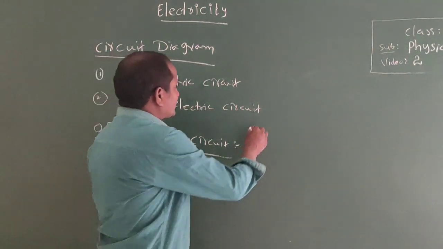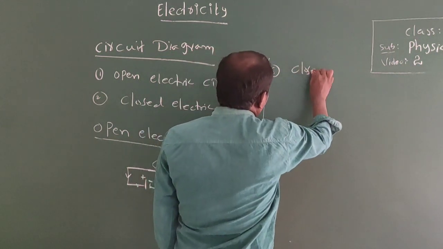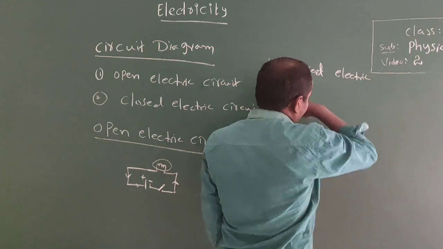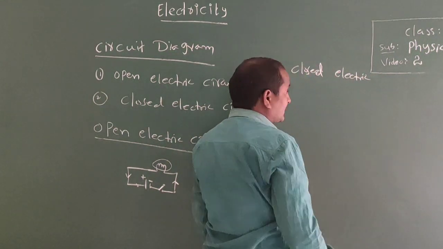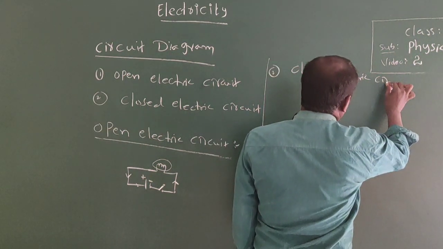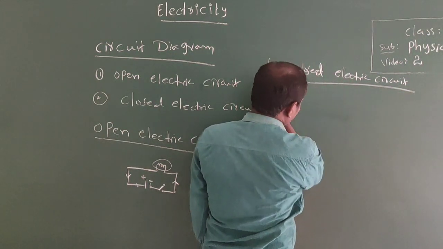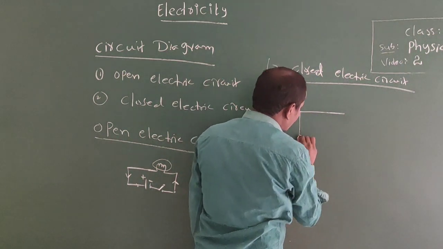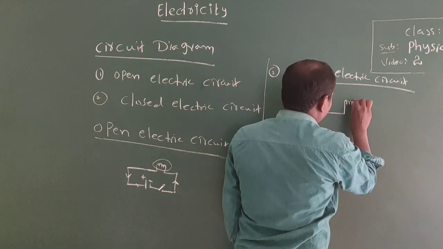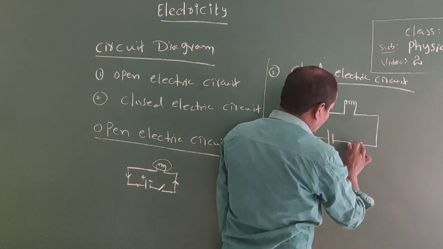Now, closed electric circuit means the second one. This is a continuously conducting path for electric current between the positive and negative terminal. Here the switch is closed.